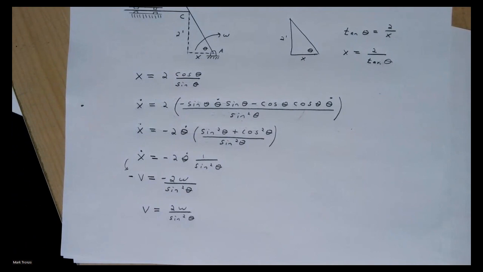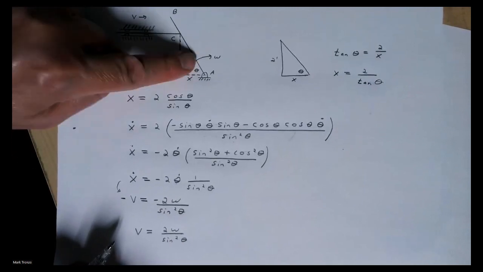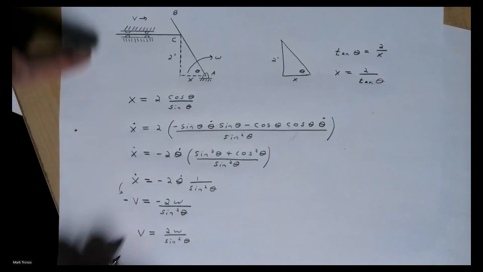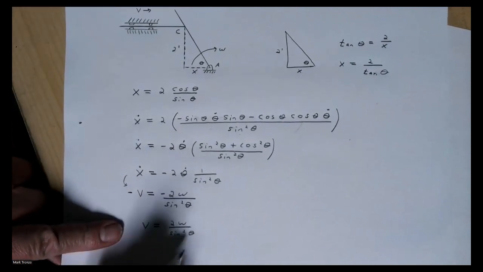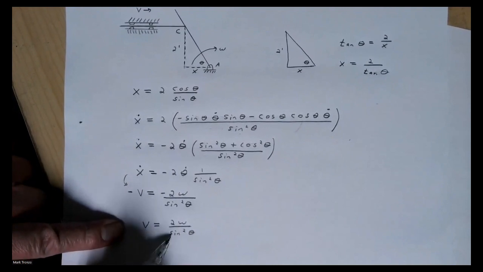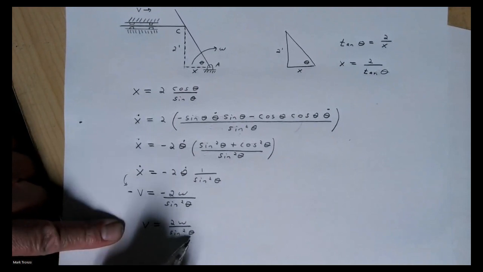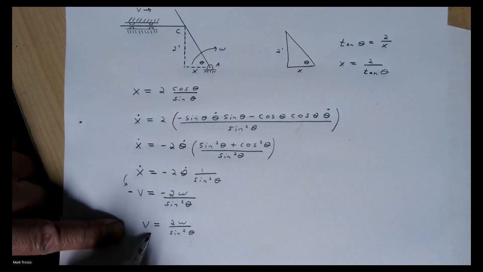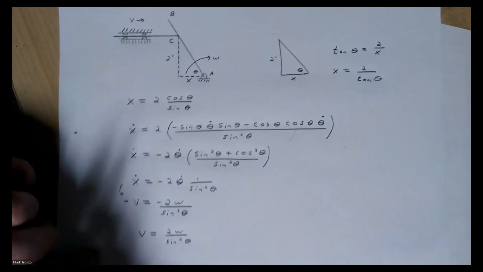And again, we said we were trying to relate this angular velocity here to this velocity, and that's what we did. And of course, you can use this equation for any theta. And so if you know a theta and you know your angular velocity, you can find v, or if you know v and theta, you can find omega.